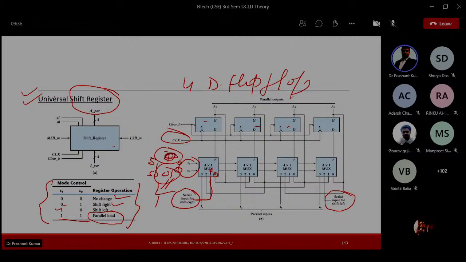So if you want to generate this one, the input should be 0 1, and for left it is 1 0, and similarly the same thing is replicated here. So in order to perform shift right, the mode control should be 0 1, and 1 0 for the left shift, and if it is 1 1, it will perform the parallel load function. All right, so this completes our shift registers.